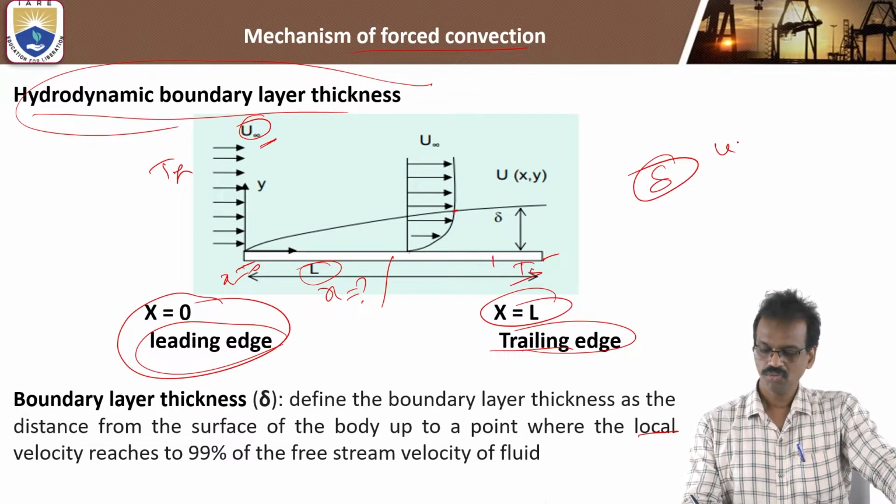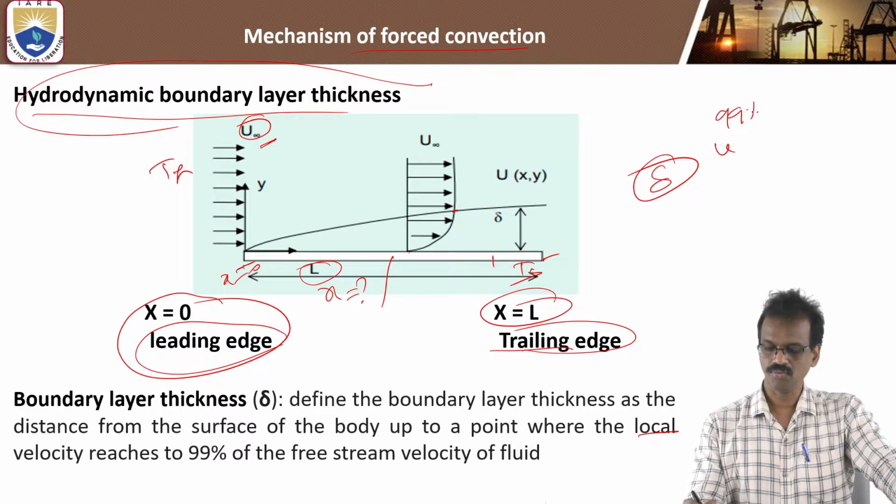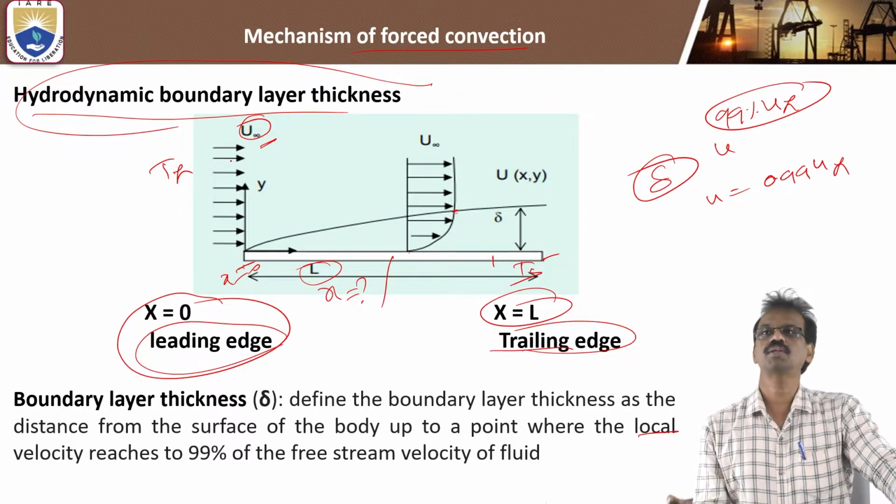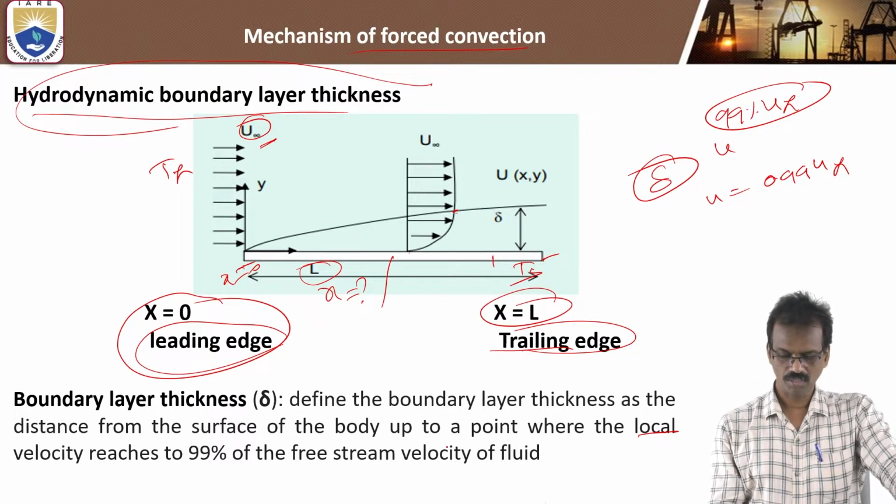It means 99% of the stream velocity. So here the velocity is equal to 0.99 u infinity, very near 99% of the stream velocity.